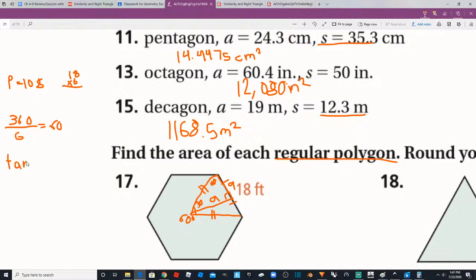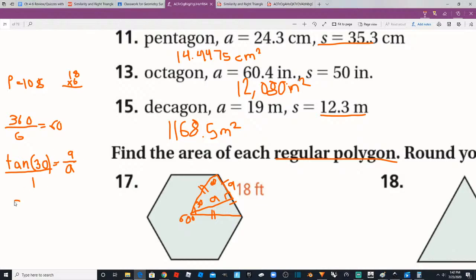Tan of 30 is a ratio of the opposite, 9, divided by A. Okay, this is very simple right now. And if there's like an invisible divide by 1 here, we can exchange the A, and we have A divided by 1 is equal to 9 divided by tan of 30.